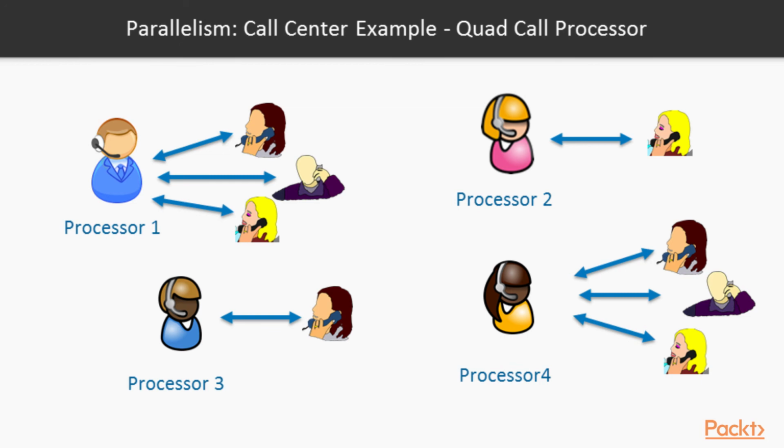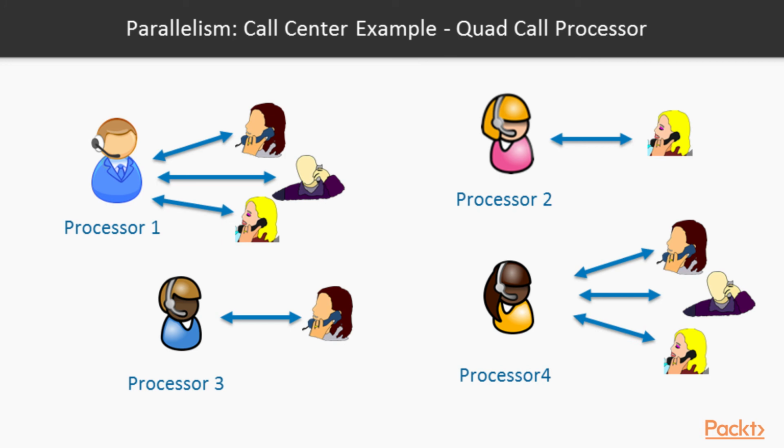In this way, we have work that is being done in parallel. It is important to note that in this scenario, we still have work being done concurrently, because I still have call processor 1 and call processor 4 handling more than one customer at a given time. Only processors 2 and 3 are handling a single customer.